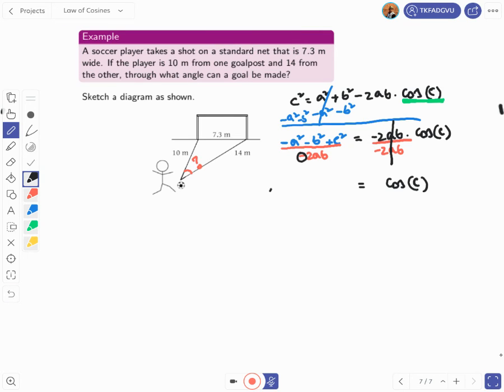So negative of negative is positive a square, negative of negative is positive b square, then negative of positive is minus c square, and the denominator is 2ab. That means the signs are to be switched.